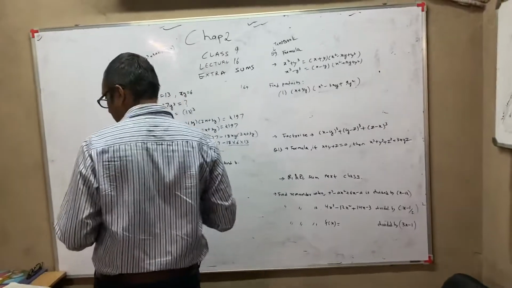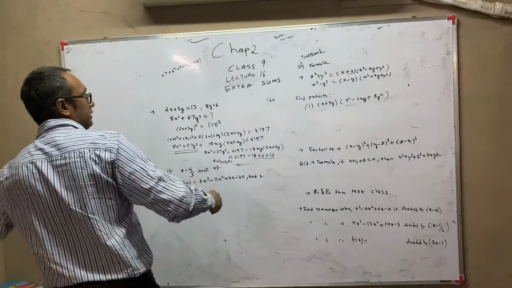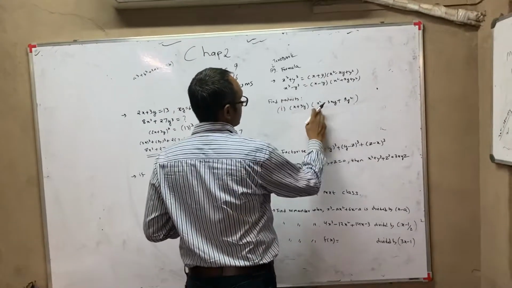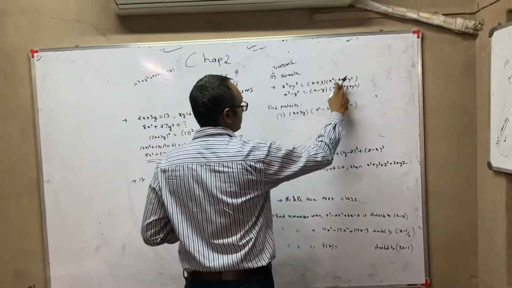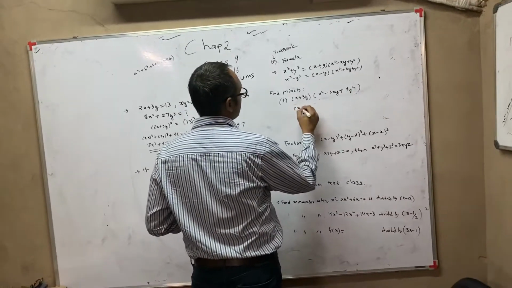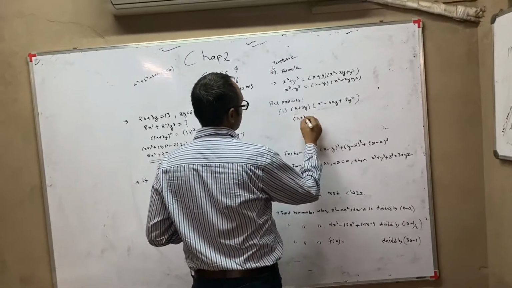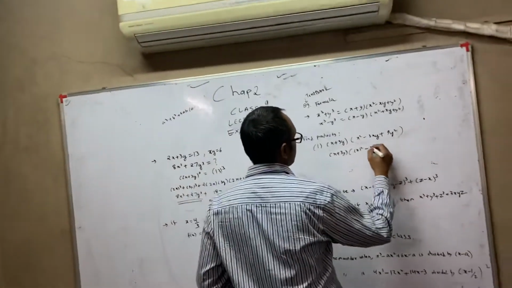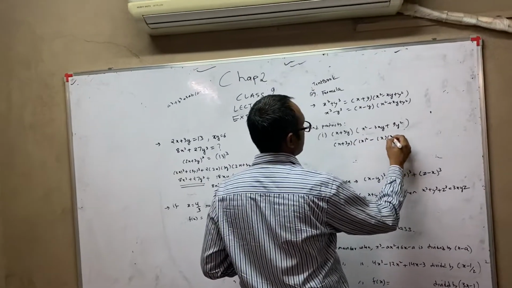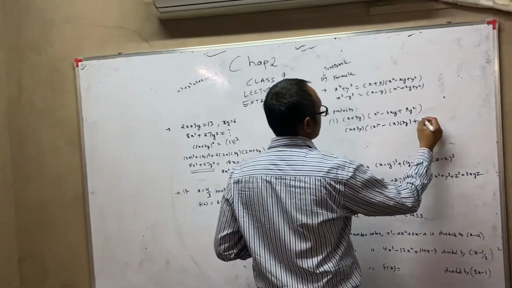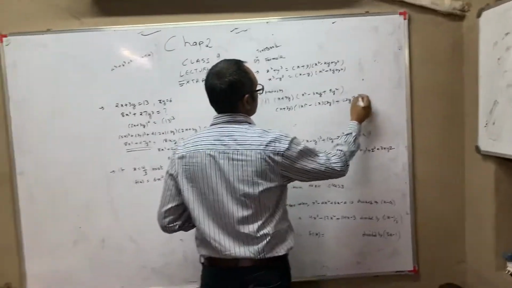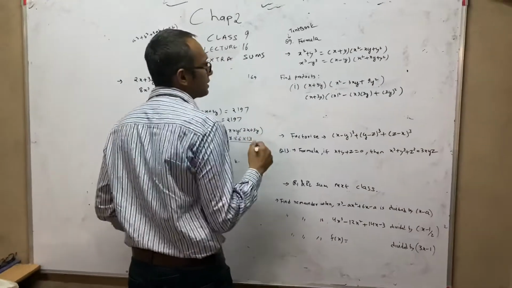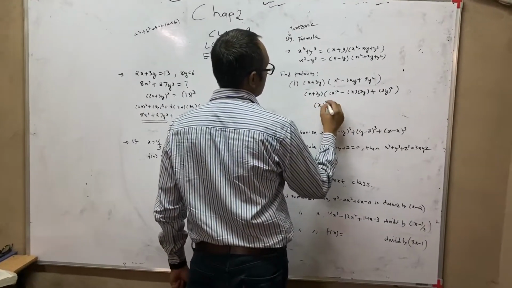If you see x plus y, and then x square, here it is x square, 3xy and 9y square. For example, if we write it like this, x square, this is minus x into 3y, and this is 3y square. Now the answer of this question is straight away this, which is x cube plus y cube. So straight away you can write x cube.